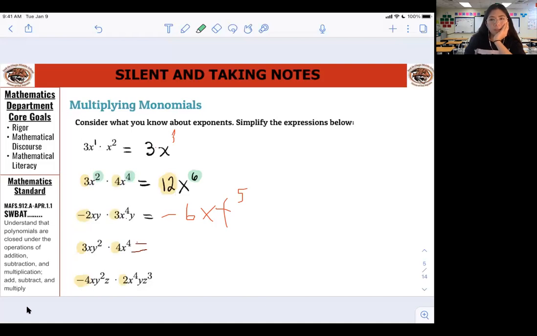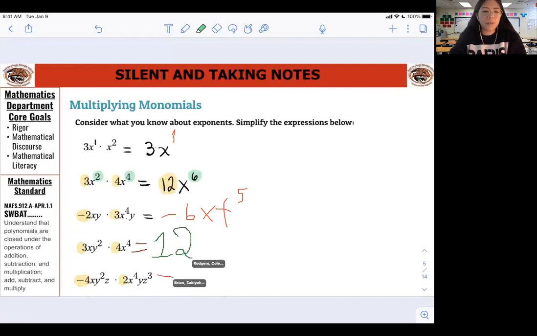So I see negative 6, x to the power of 5. Okay, 12, so far so good. Negative 8.